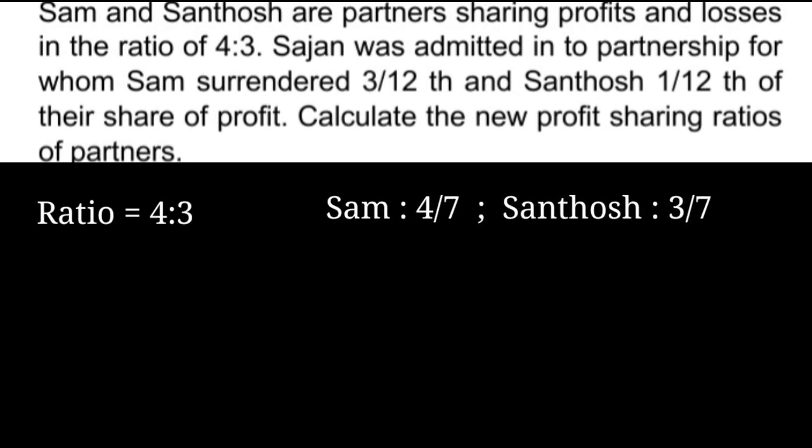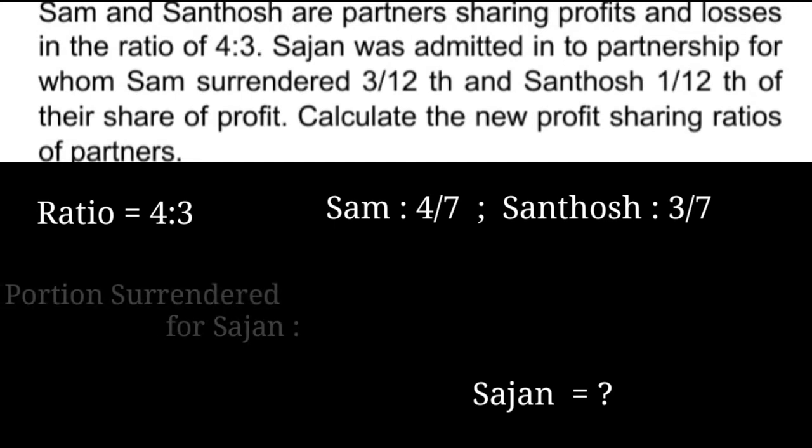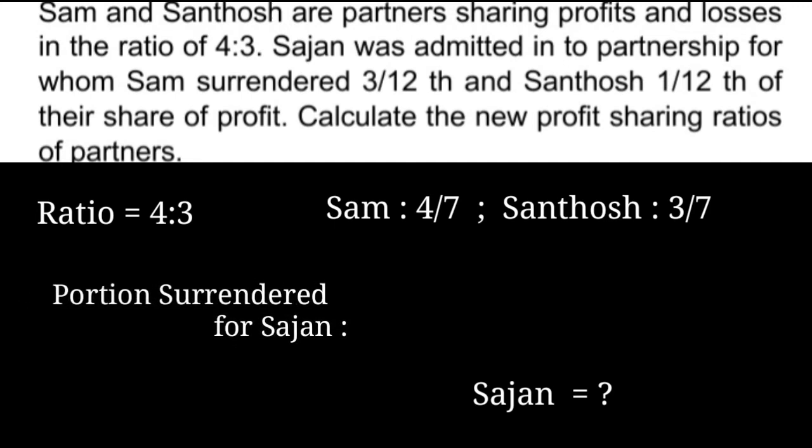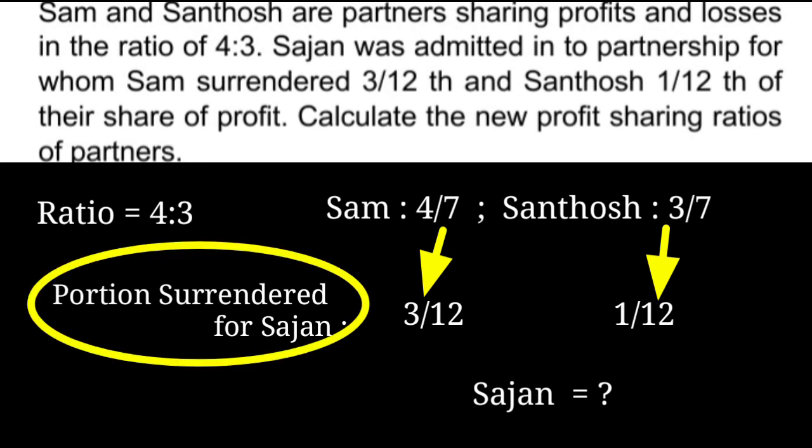But Sajan's share is not mentioned in this question. They mention that Sam surrendered 3/12 portion for Sajan and Santosh surrendered 1/12 of his share to Sajan. The new partner's share is not given in the question, but it gives that old partners surrendered some amount to the new partner.